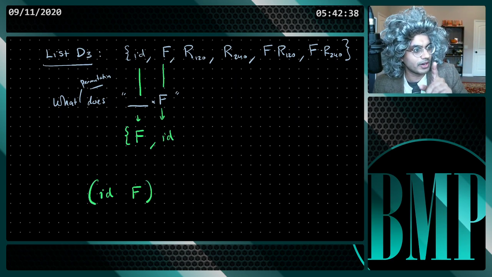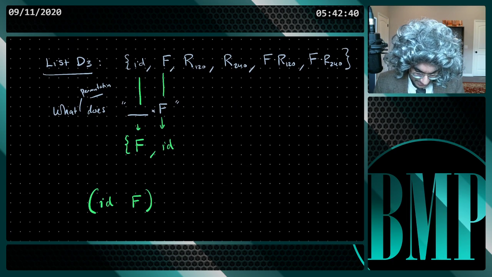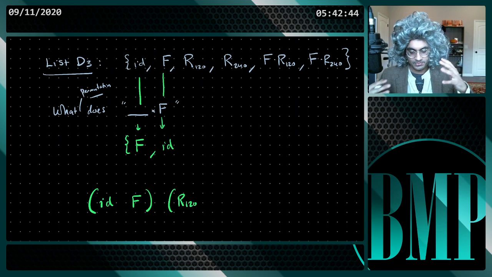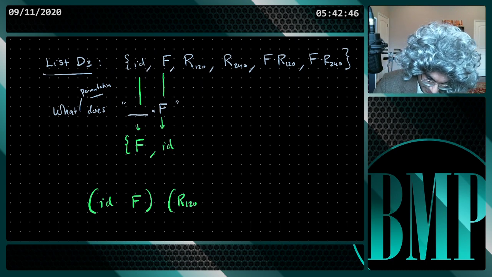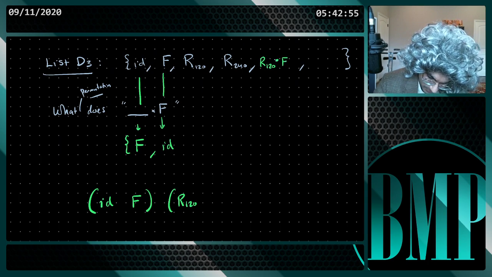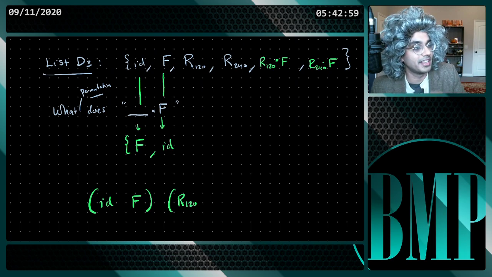Have I done it right so far, Kappa? Good. Now, R120 becomes... actually, here, just do this. I just cheated a little bit.